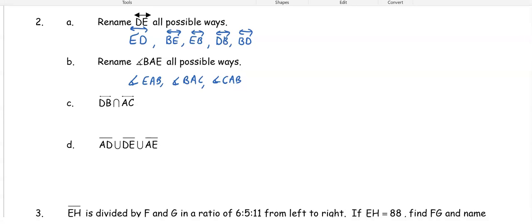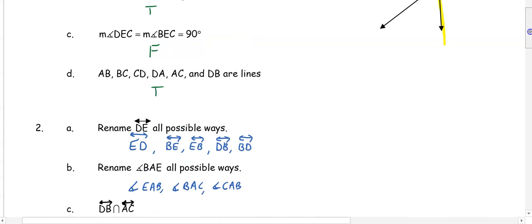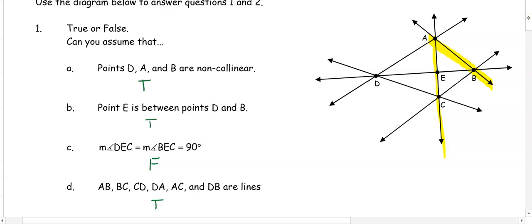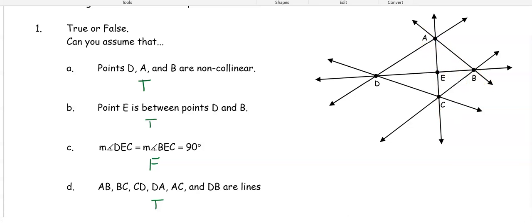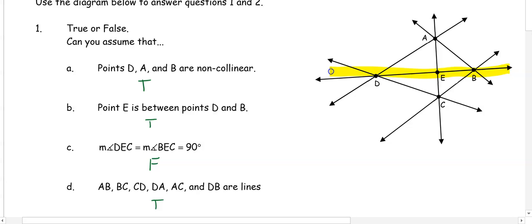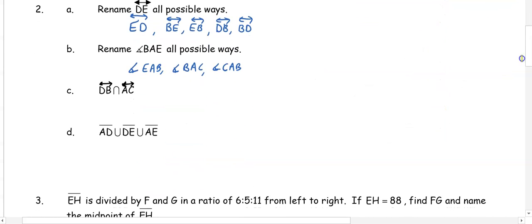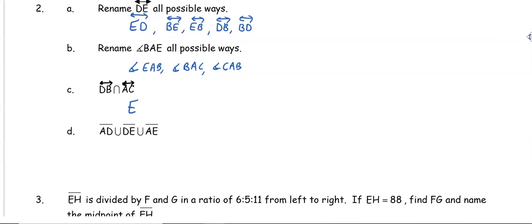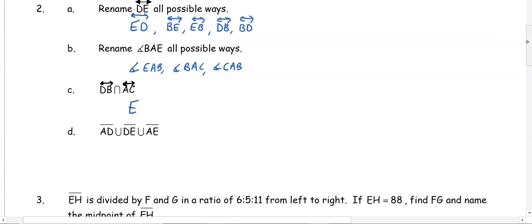In letter C, we want to know, where does line BD intersect line AC? So when we are intersecting, we have line BD and we have line AC. Their intersection is at point E. And in part D, we want to know, what do those three segments form?